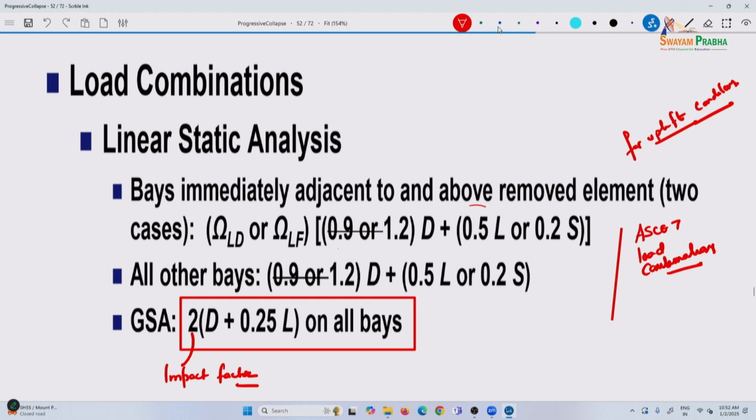So, we have these, usually our ASCE combinations, the 0.9 comes with 0.5 live and 0.2 S, then there are also earthquake combinations that come in. So, what they are saying is take out that 0.9 and replace it with 1.2.